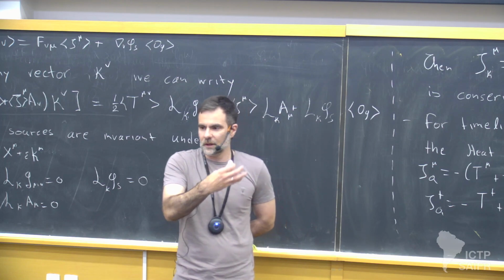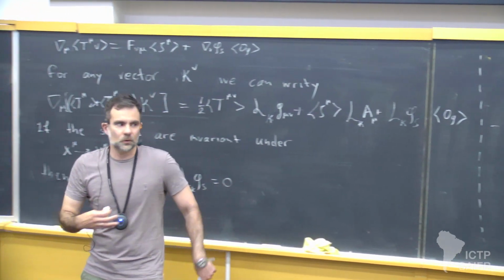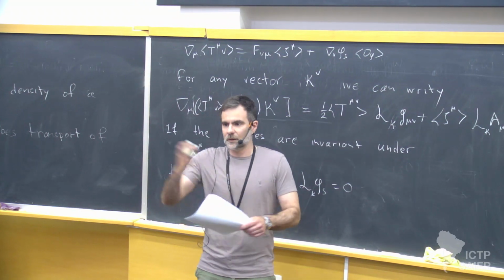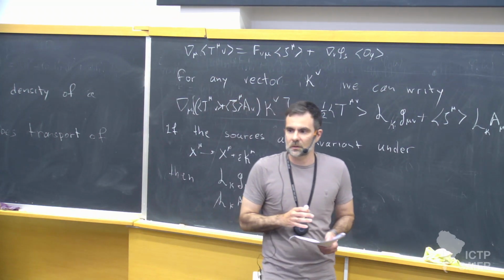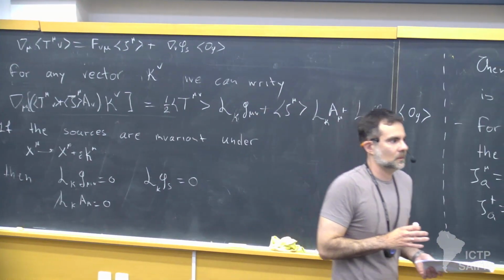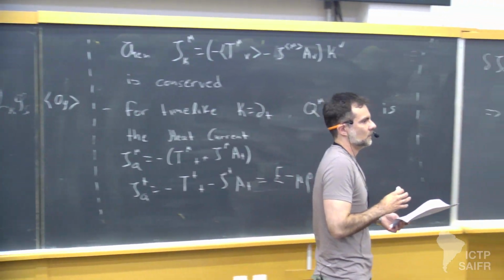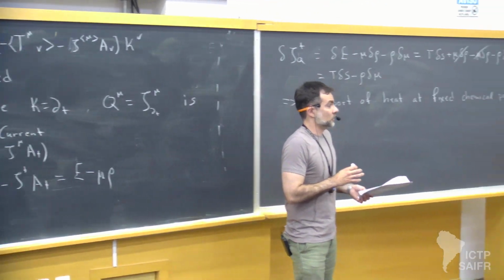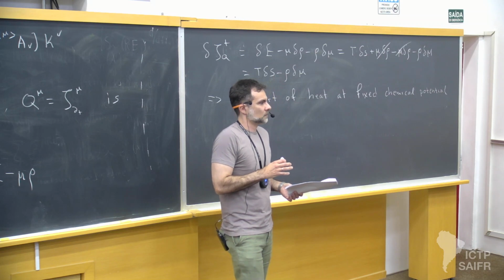If you tried to take Euclidean time, you would find that the bulk gauge field could be singular at the horizon. That creates time dependence in other places.